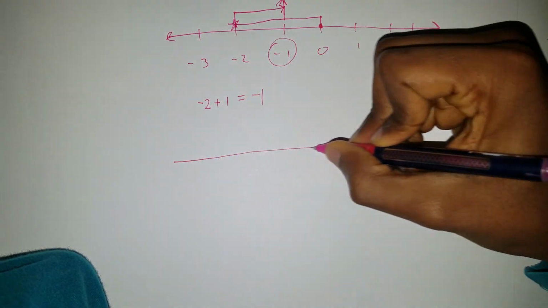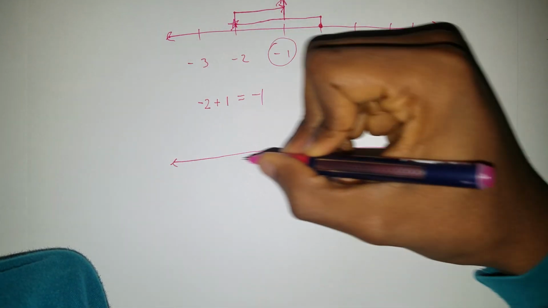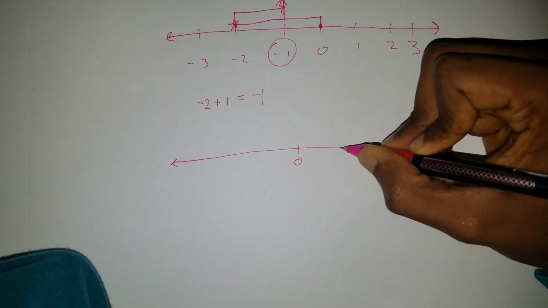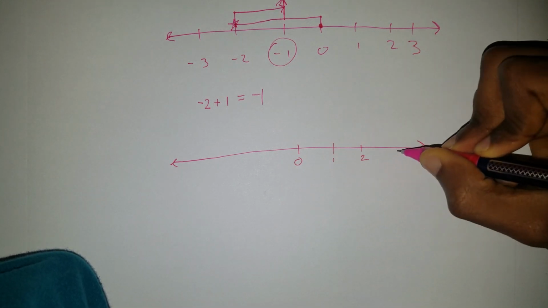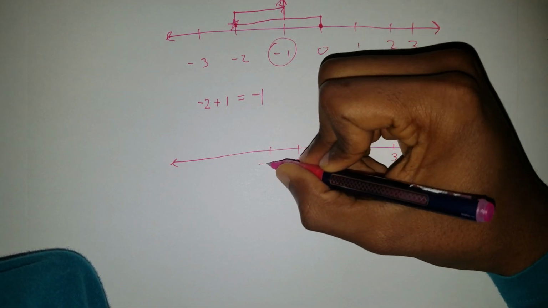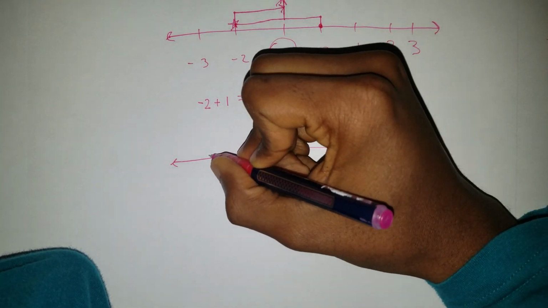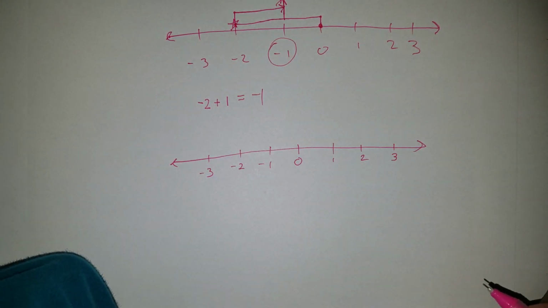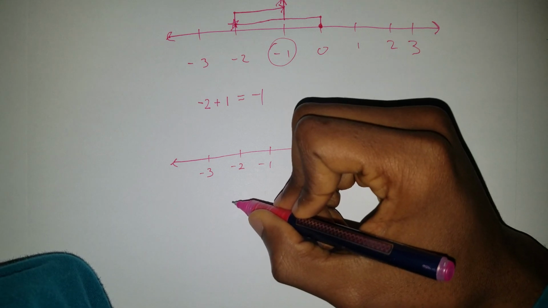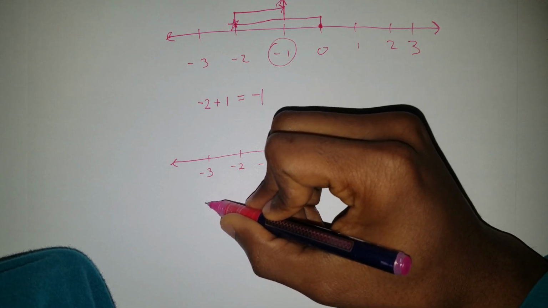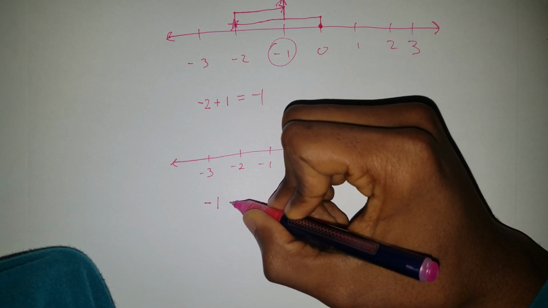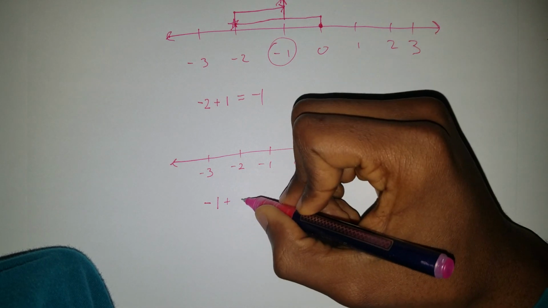Using that same principle, and this time I'll draw them more evenly spaced out, we can add two negative numbers as well. -1 plus -1.